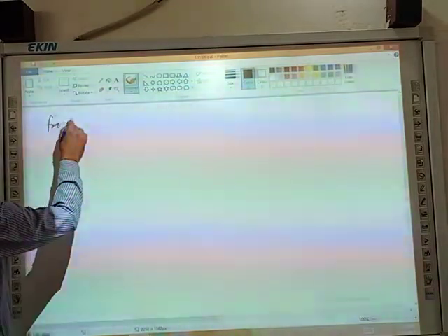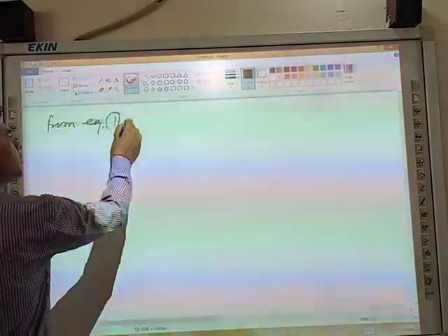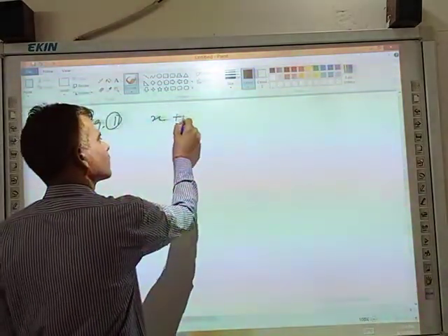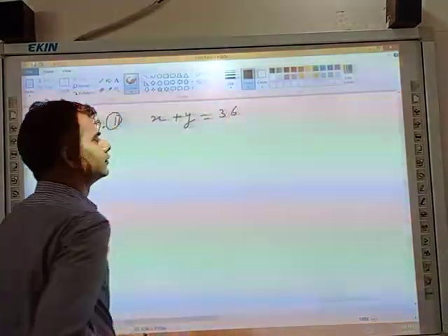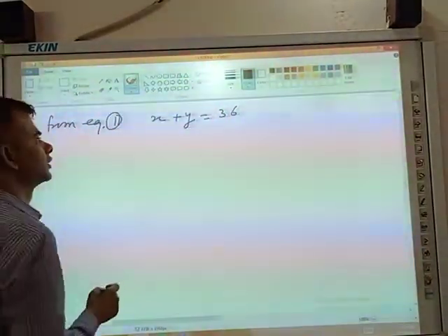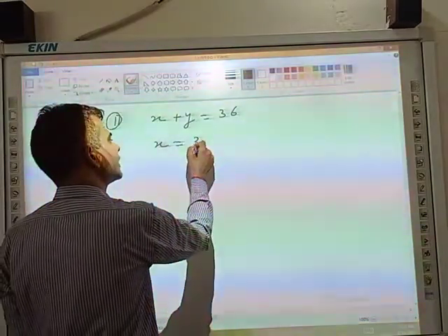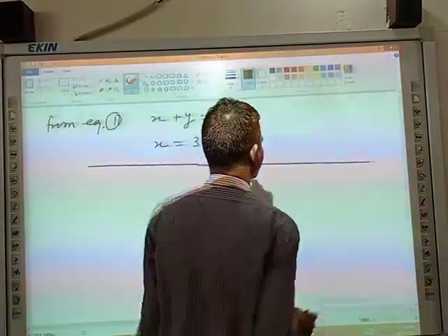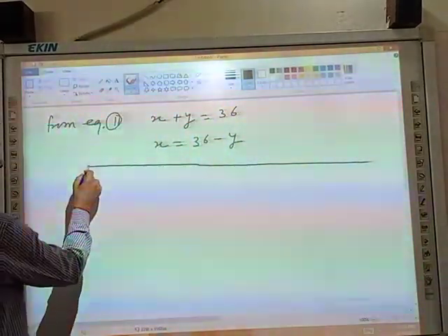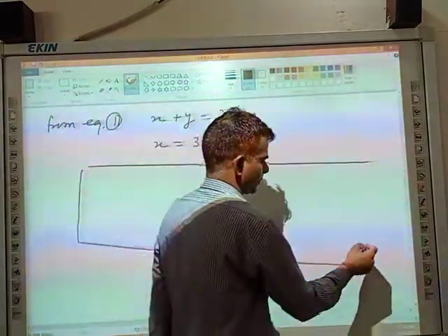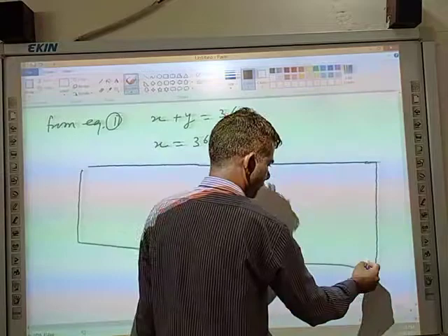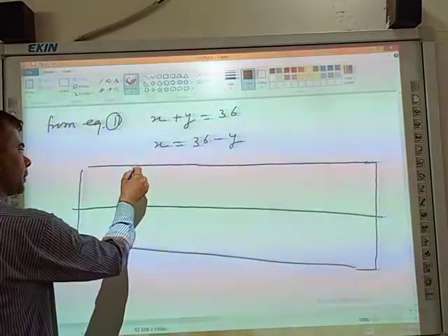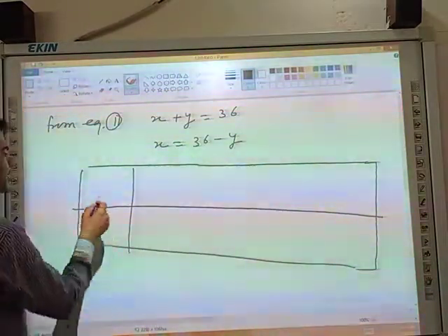Students, from the second equation, your second equation is x plus y is equal to 36. X is equal to 36 minus y. X, y.